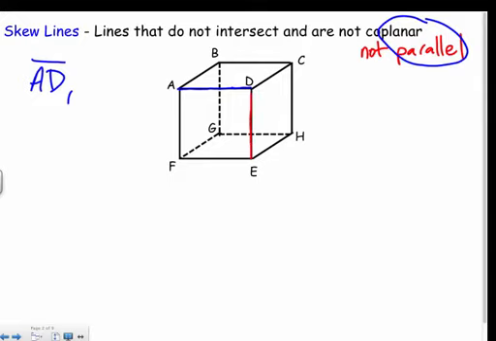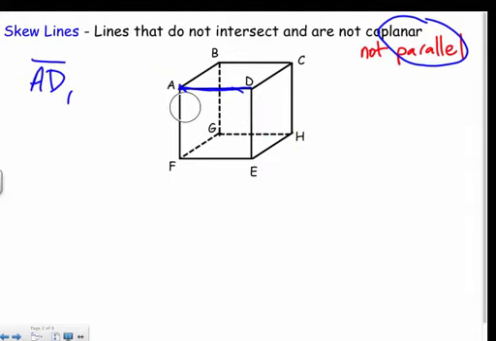They'd intersect at D. Could it be GH? That seems kind of far away in the back corner there. Well, no, they're parallel, aren't they? I could cut a plane diagonally through this cube, right? I could get a plane that goes diagonally through here, down through the H. So that doesn't work.